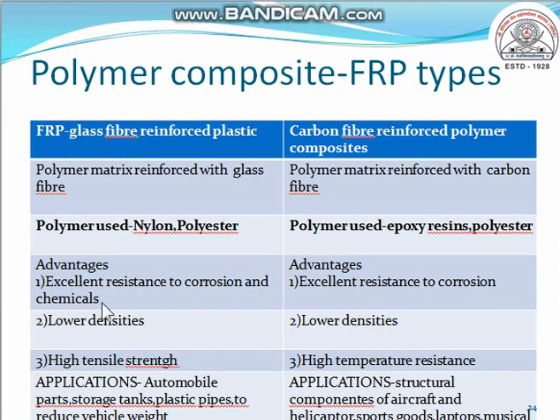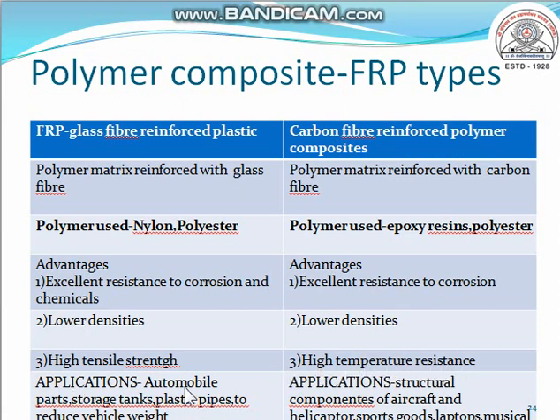That is, it does not easily corrode, and it resists corrosion and various chemicals. Low density. Advantages of carbon fiber reinforced polymer composite: excellent resistance to corrosion, and lower density. FRP has high tensile strength, and carbon fiber reinforced composite has high temperature resistance.